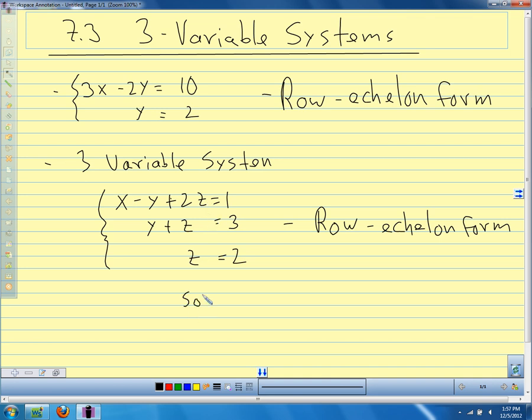So our solution to this system turns out to be negative 2, 1, 2. So we get what we call an ordered triple rather than an ordered pair.